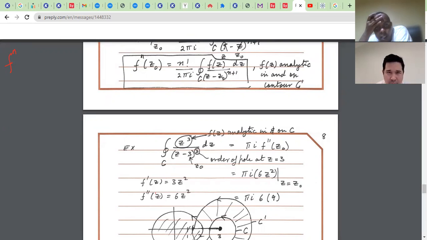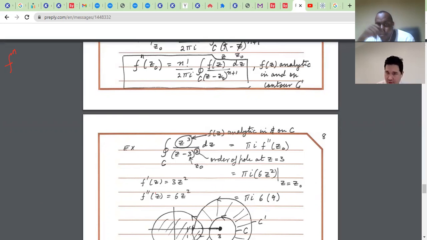So there is a pole down there. I can see it, because it's not analytic at that point. But the upper side is analytic. Then we need to use the Cauchy integral formula, right? Yes, to find that integral.